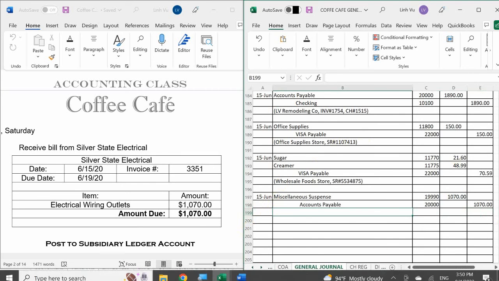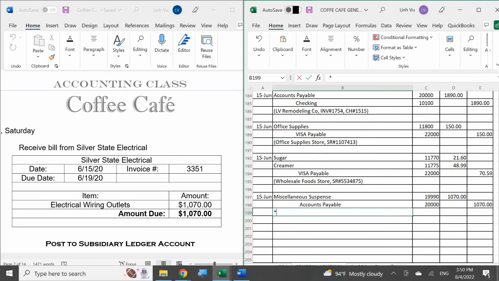Okay. And then in the note, we need to acknowledge Silver State Electrical. I would put electrical wiring and the invoice number.